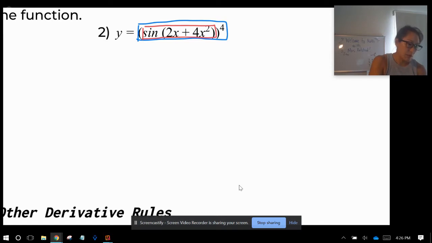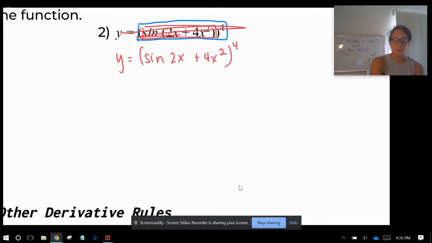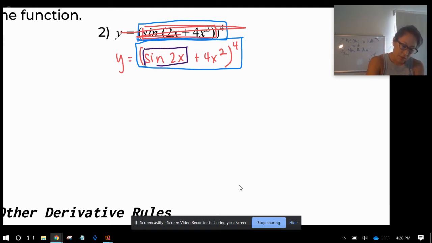Oh, this is the one that I wrote down wrong, so I'm going to rewrite it: sine of 2x plus 4x squared, all raised to the fourth power. Okay, start again. The outside function is to the fourth power. The inside function is all of this. These are two different functions here.